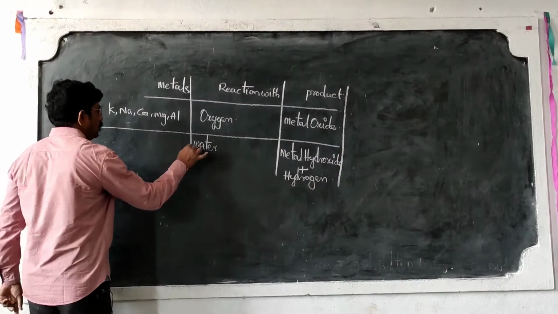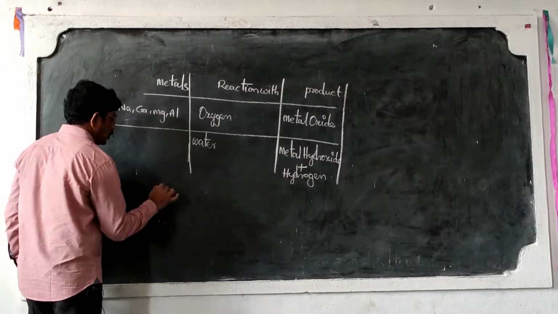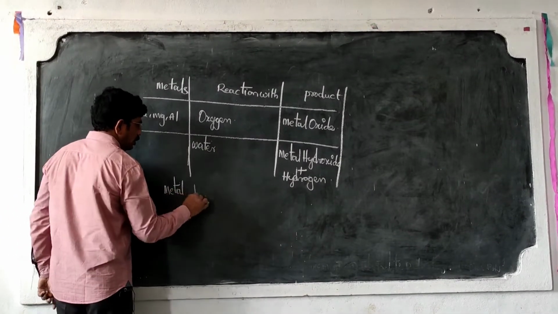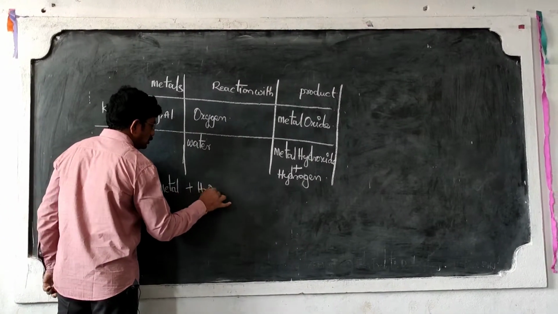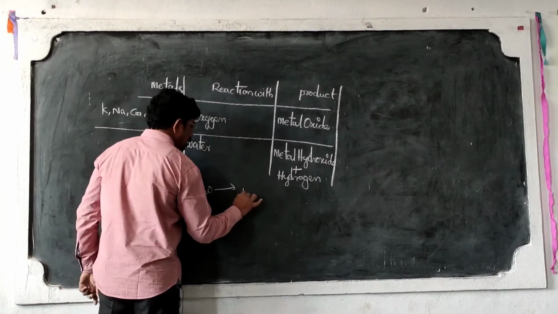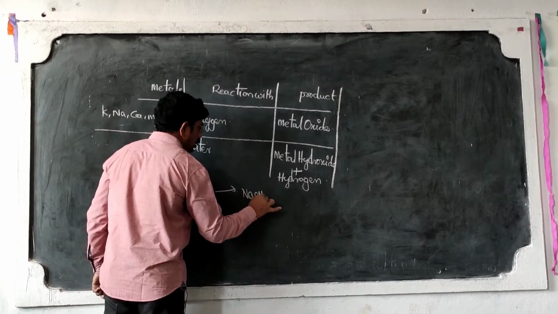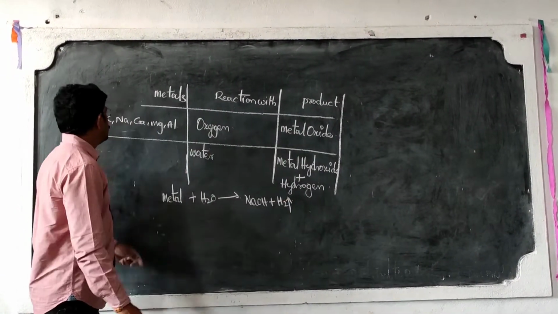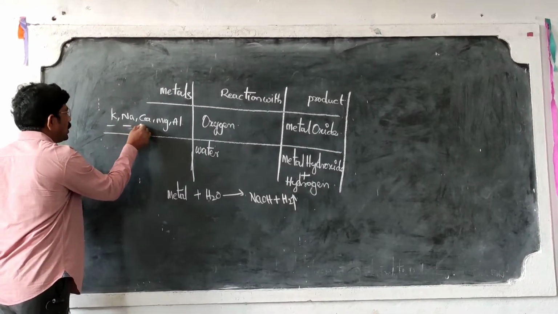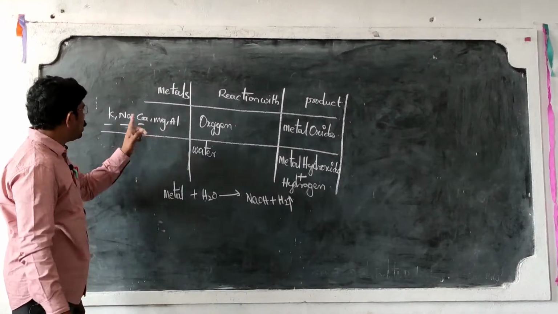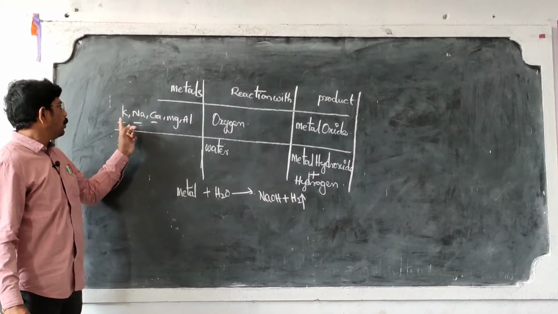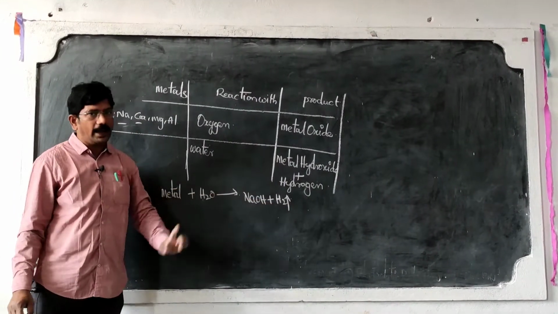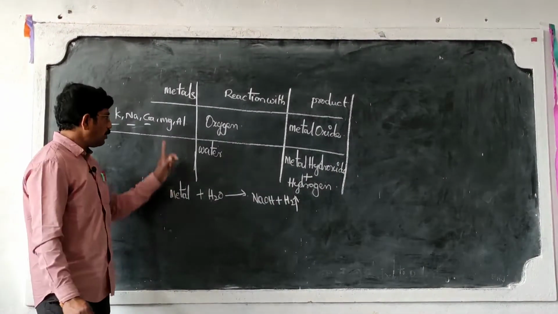For example, you take the case of sodium plus water, that is, I am giving here sodium hydroxide plus hydrogen gas is liberated. See, potassium, sodium, calcium, they react with cold water. Remember that. Potassium, sodium and calcium react with cold water and liberate hydrogen. Next, come to the next case.